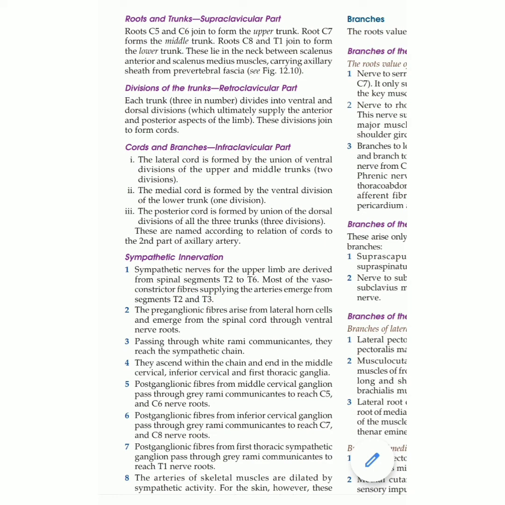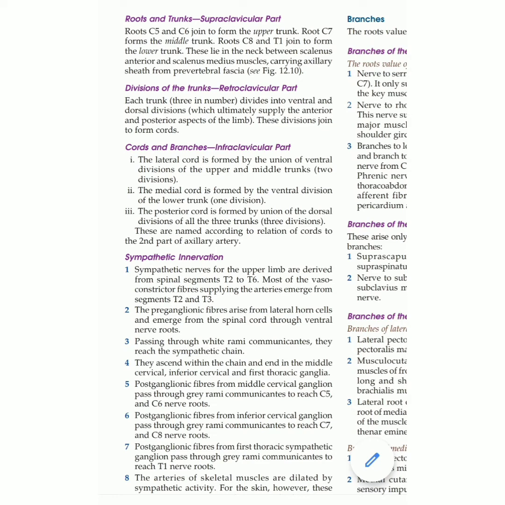5. Postganglionic fibers from the middle cervical ganglion pass through gray rami communicantes to reach the C5 and C6 nerve roots. 6. Postganglionic fibers from the inferior cervical ganglion pass through gray rami communicantes to reach the C7 and C8 nerve roots. 7.